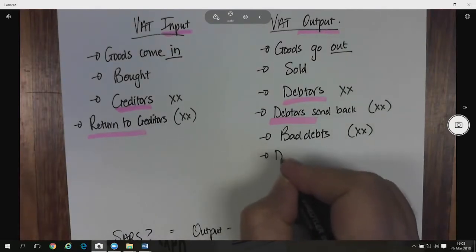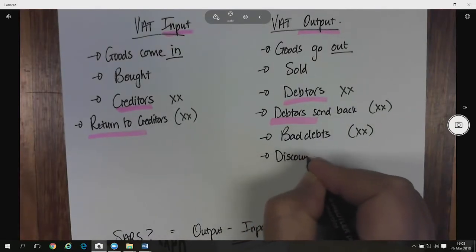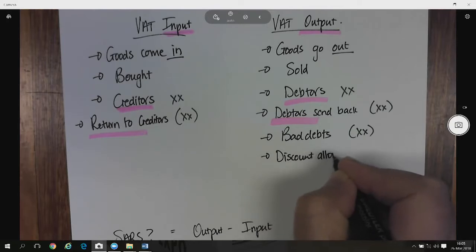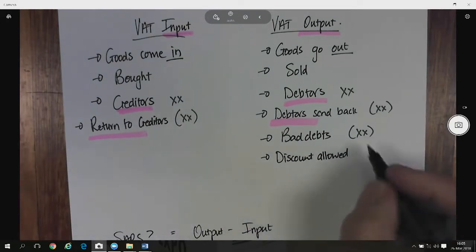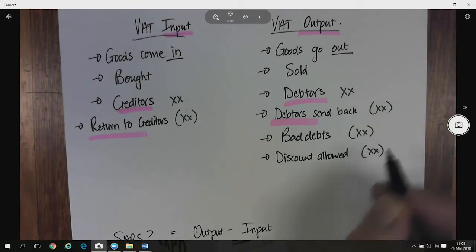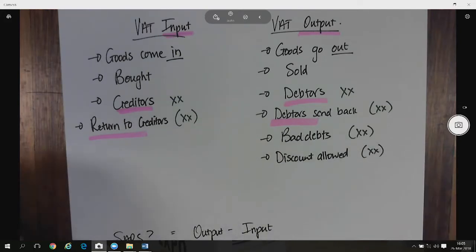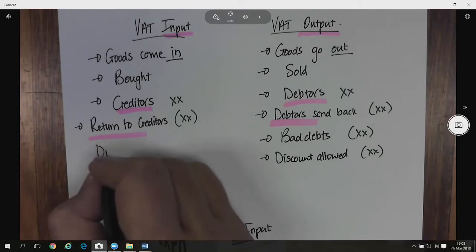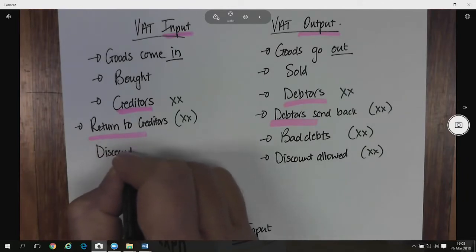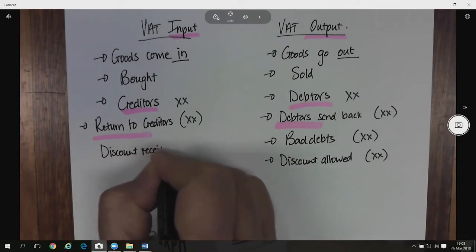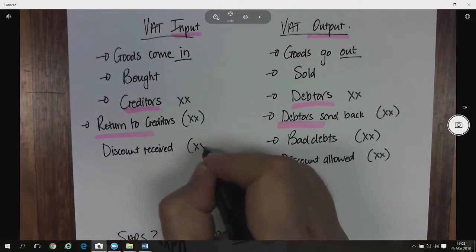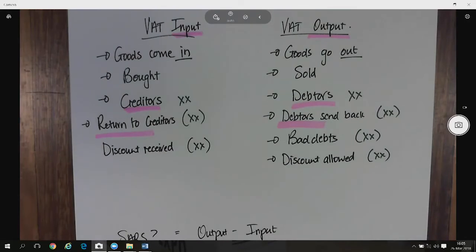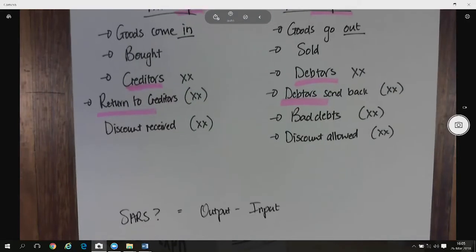Discount allowed means that I gave discount to the debtor, so I'm not going to receive all the money that I was supposed to receive, so that makes it less. Discount received means that I'm not going to pay the whole amount that I was supposed to pay for the input tax, so I will make my input tax less.